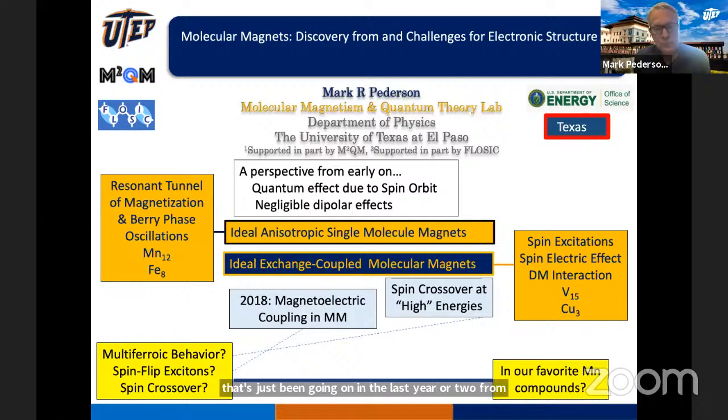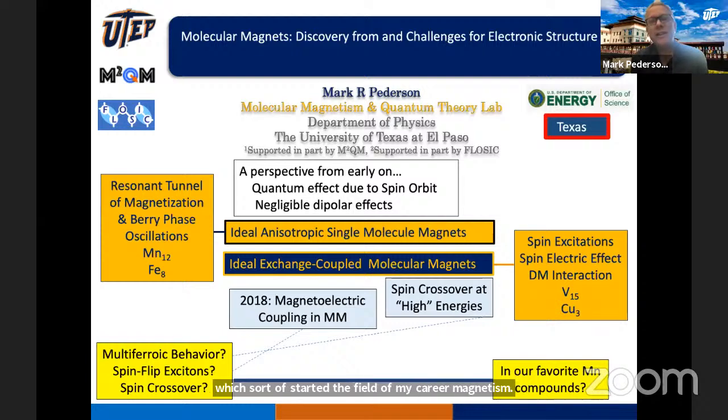So molecular magnets were actually discovered accidentally by Christou and Lis, who were trying to make a model for a water splitting complex, the oxygen evolving complex, and they ended up with this molecular magnet instead. It had some very interesting quantum tunneling and magnetization properties, which started the field of molecular magnetism.